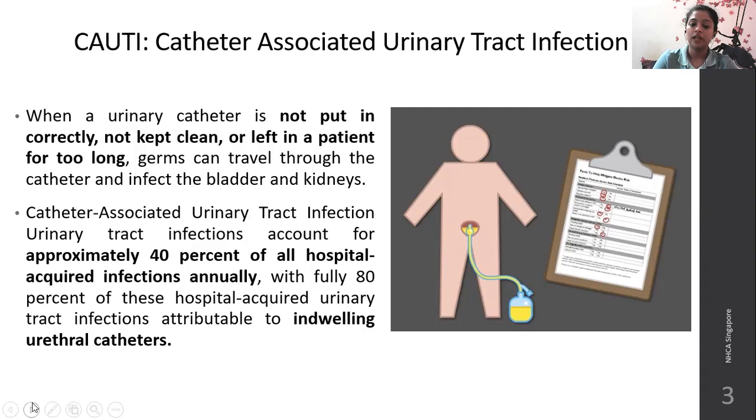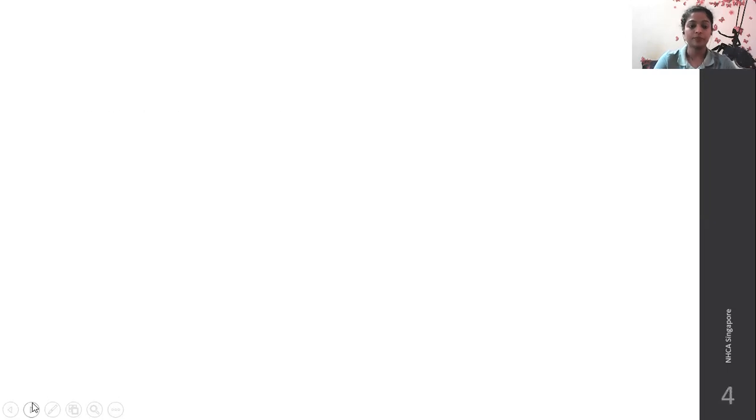So if there are 100 cases of hospital-acquired infection, 40% of them, 40 cases most probably will be CAUTI. And even among CAUTI, 80% was due to indwelling urethral catheters. The remaining 20% is due to other modes of catheterization, intermittent catheterization, etc.